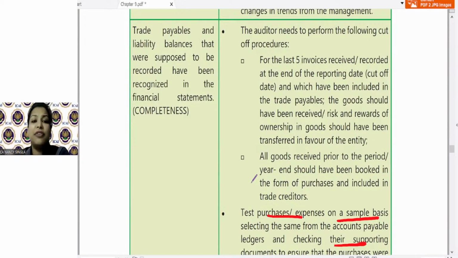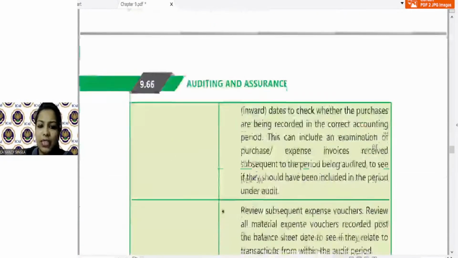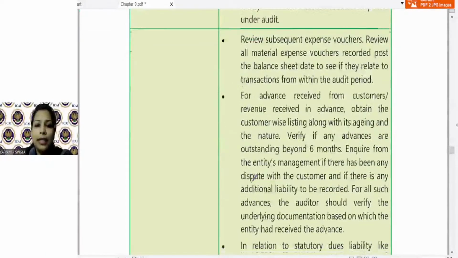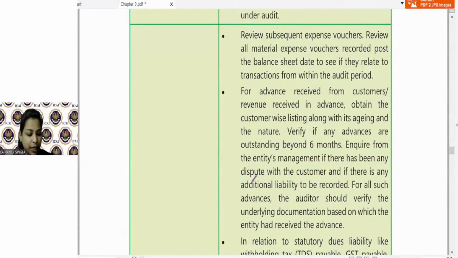So you can check the invoices of the last 4-5 days, depending upon the operating cycle, in order to see whether they are accounted for in the correct accounting period. Okay, check the supporting documents. That's it. Okay, so this was with respect to your trade payables.